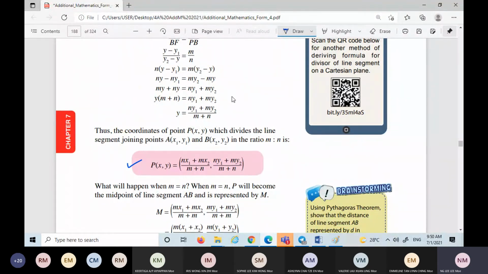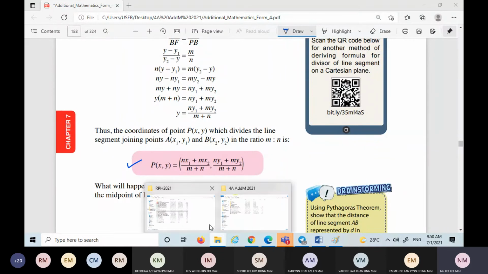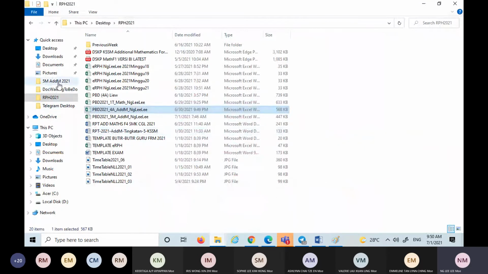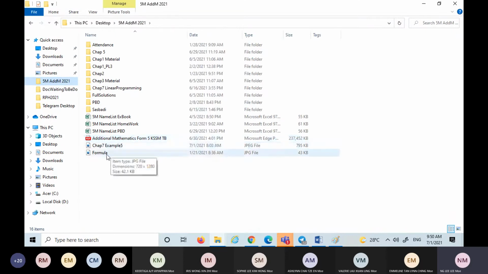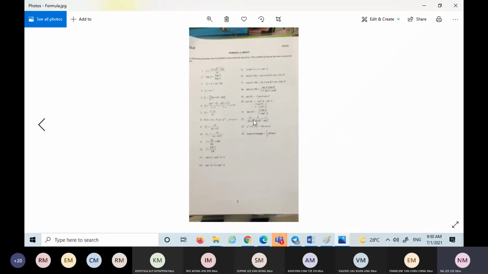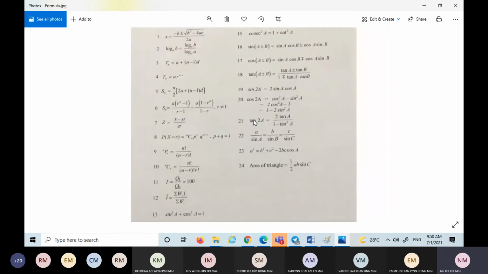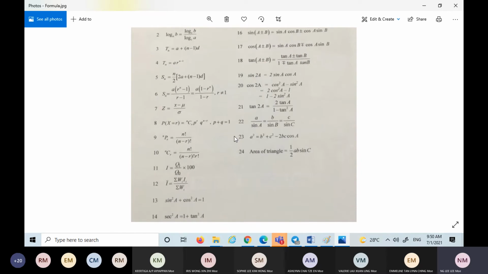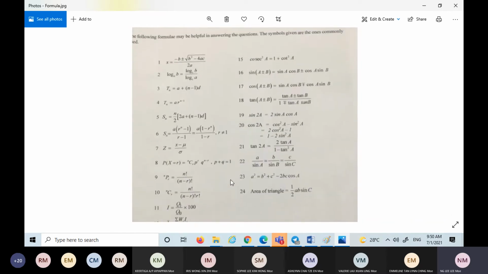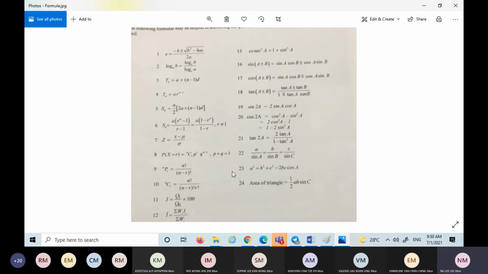Okay, let me check whether this formula is given during the exam or not. Formula. Let us see. Got it. 13, 14, all these three go to sine.